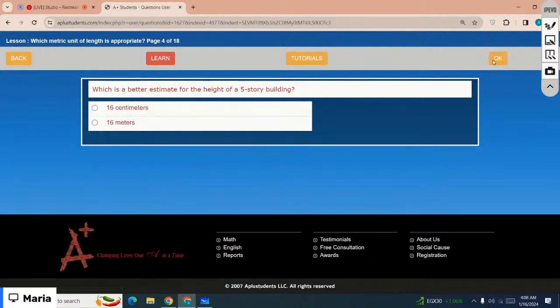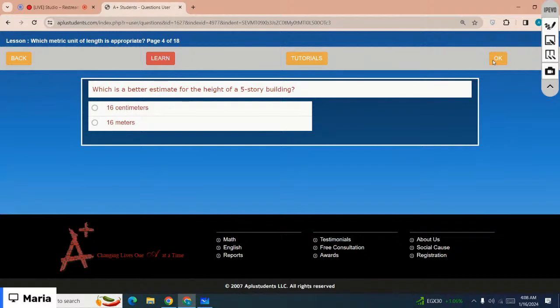The next one is which is a better estimate for the height of a five-story building. So, which is the correct option? Yes, the correct option is that is a five-story building.